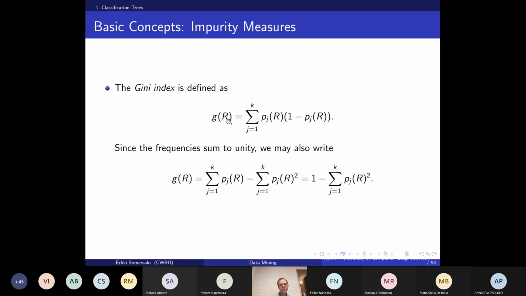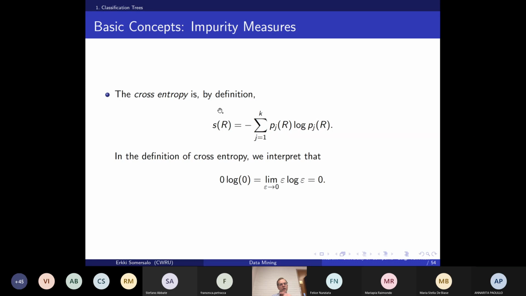So the Gini index is something between 0 and 1/4 in that case. The closer you are to 1/4, the closer you are to the case where you are indecisive, and the closer to 0 you are, the closer you are to the pure class case. So this is really an impurity measure. The larger the Gini index is, the more impurity there is in the class.